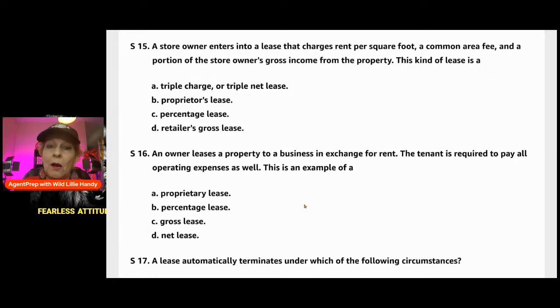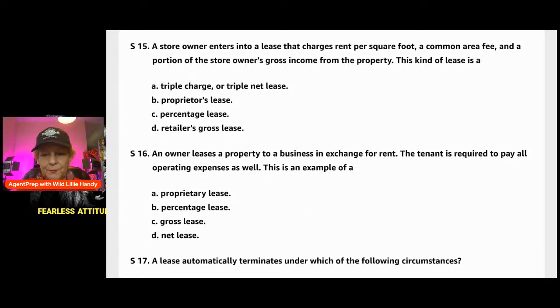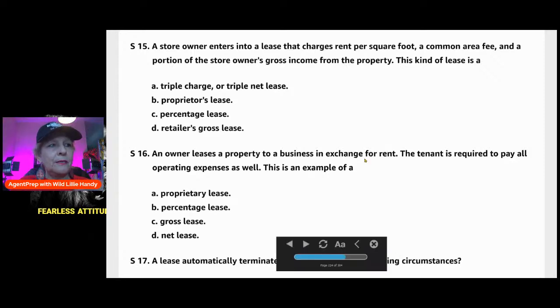So what are all operating expenses? I made a comment about it just a bit ago. Type your answer in the chat. So of course, the owner's going to lease in exchange for rent.